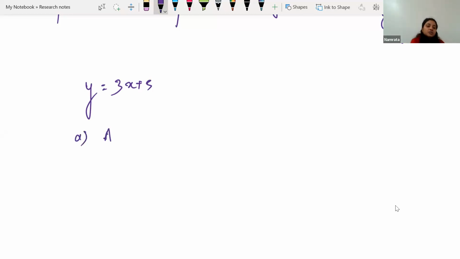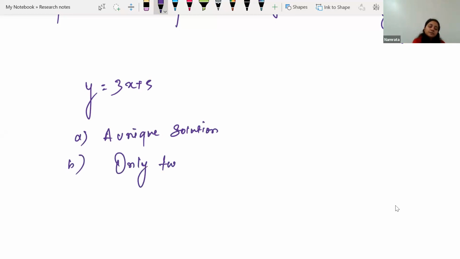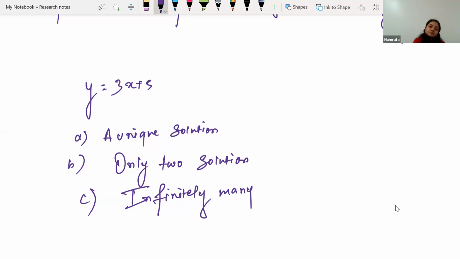Option A, unique solution. Option B, only two solutions. Option C, infinitely many solutions. Which option is the correct option?